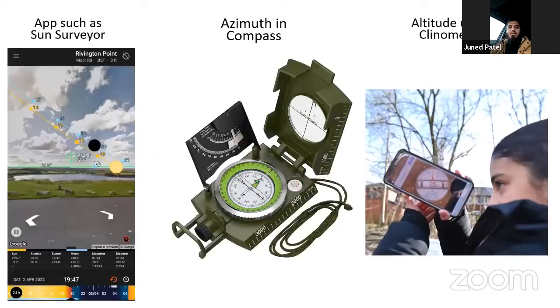So what we need is an app to know these two pieces of information. I personally advocate an app called Sun Surveyor. It's available for Android and Apple phones as well. Of course, I'm not saying this is the only good app; there are hundreds of apps and everyone has preferences.